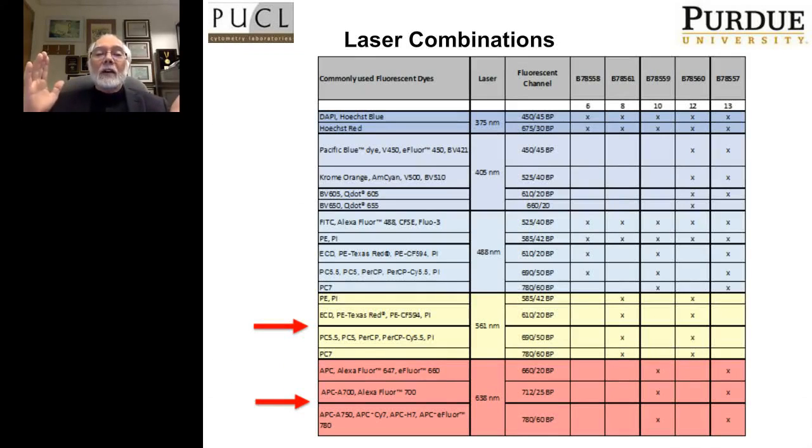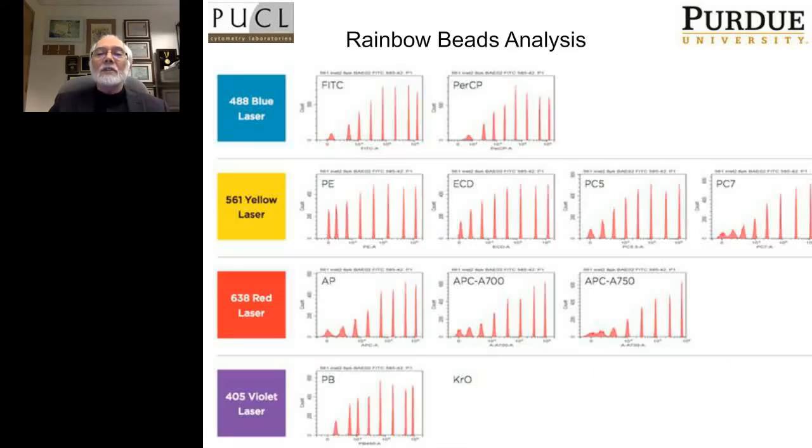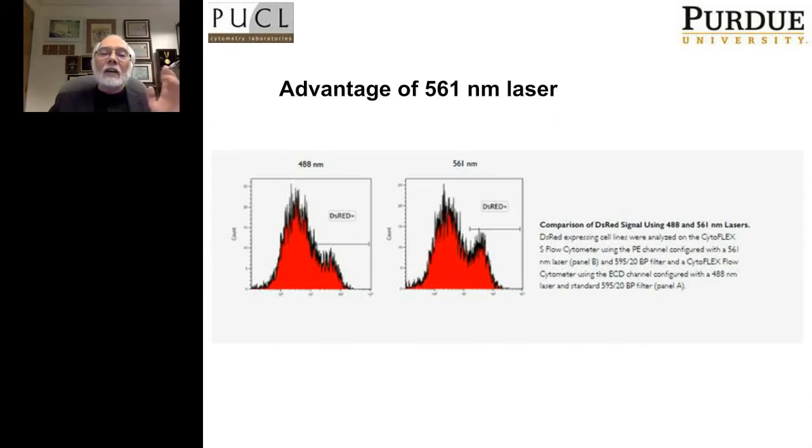So there are advantages and disadvantages with having to set any combination of lasers, but I've highlighted here the yellow laser, and I'm just going to jump down a couple of slides and I'll come back.